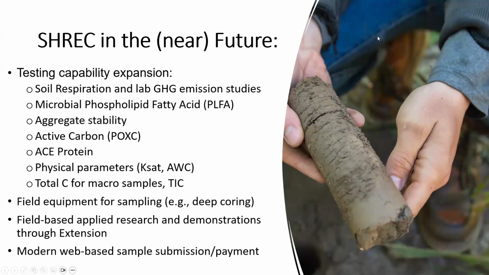So you can see the different offerings: soil respiration, micro PLFAs, aggregate stability, active carbon, ACE protein, some physical parameters, total carbon, etc. So, this has been a lot to get set up in the lab, and probably what's going to be even bigger is interpretation, right?